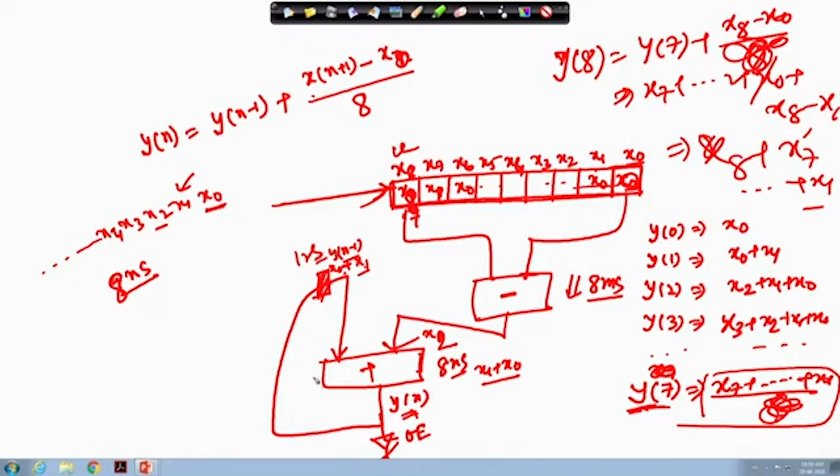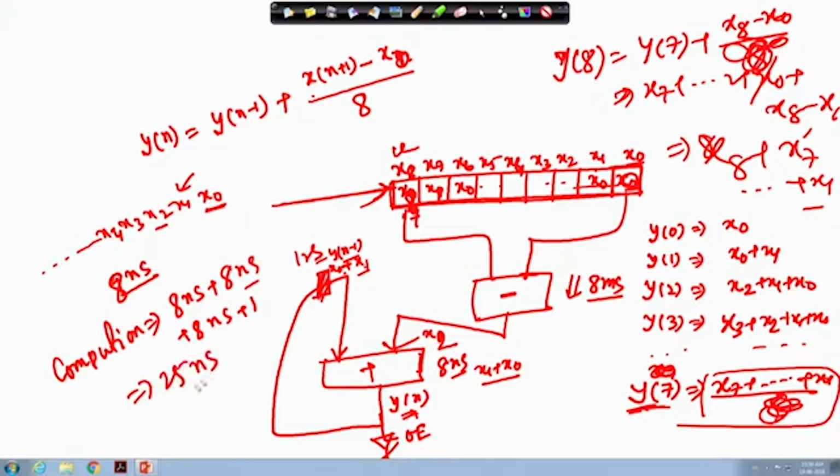So, the total computation time is now, what is that? 8 nanosecond over here plus 8 nanosecond over here, then again 8 nanosecond for this particular case and a 1. So, that means total 25 nanosecond I have to wait.